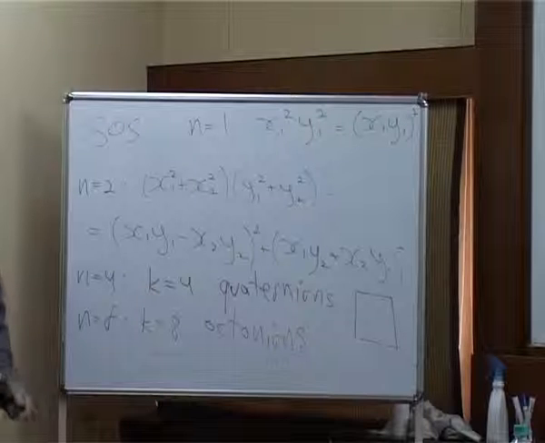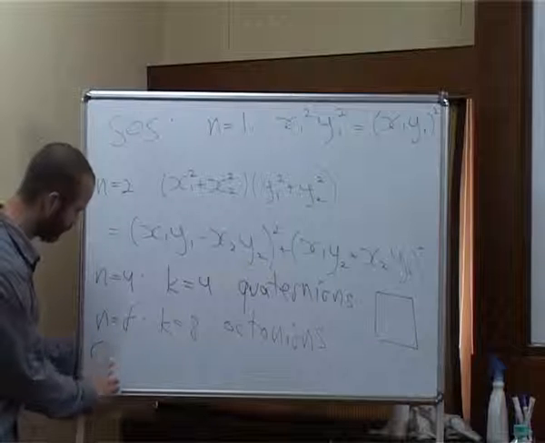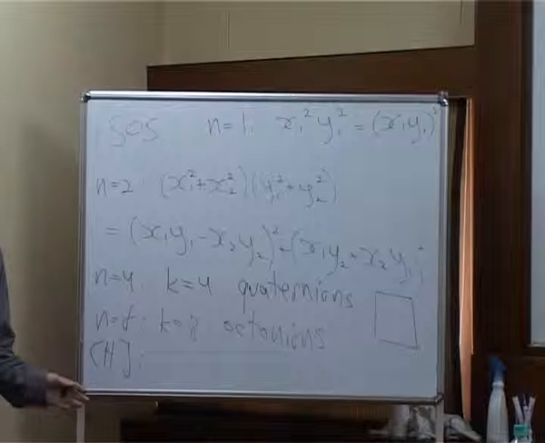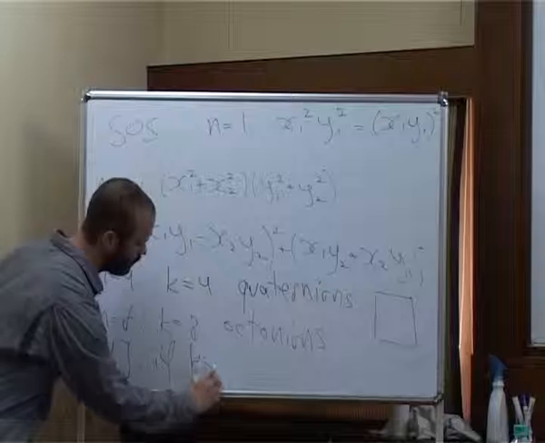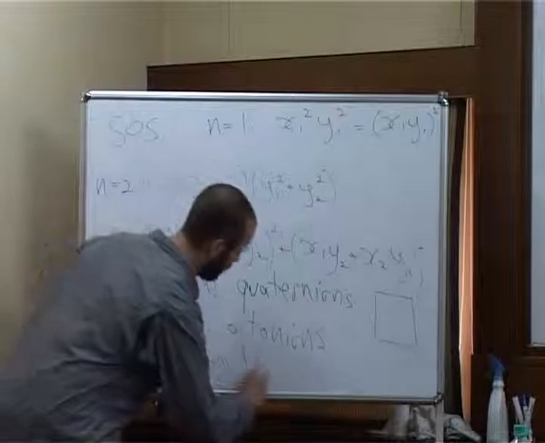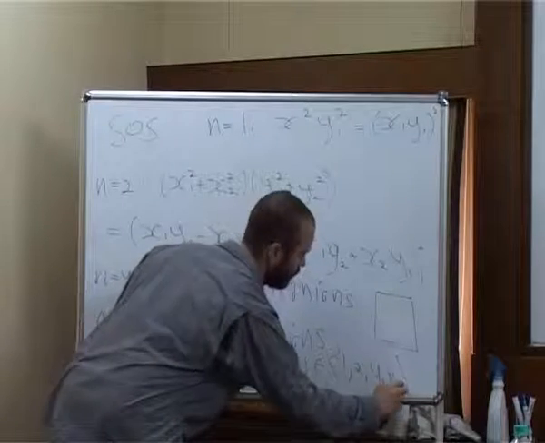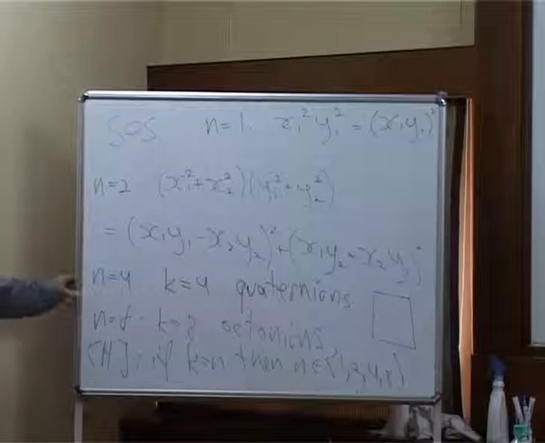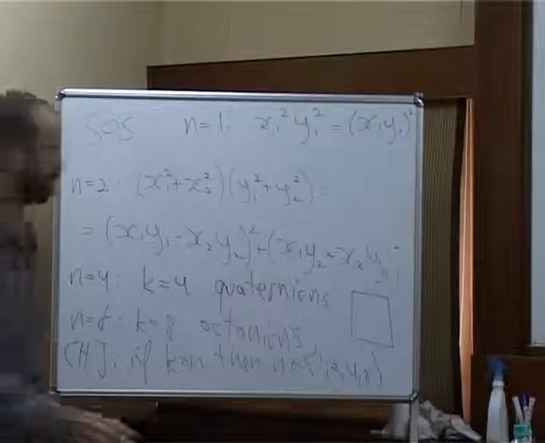People thought about this for some time, and then at some point Hurwitz showed that there is really nothing you can lose. He showed that if k is equal to n, then n is either 1, 2, 4, or 8. So these are the only cases where you can have equality in this.